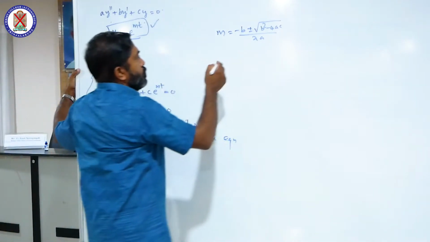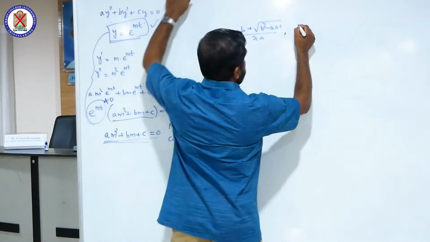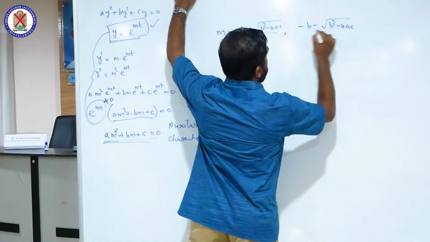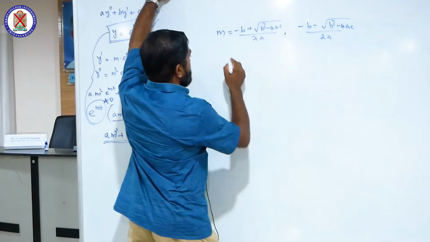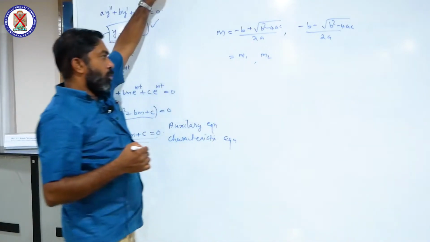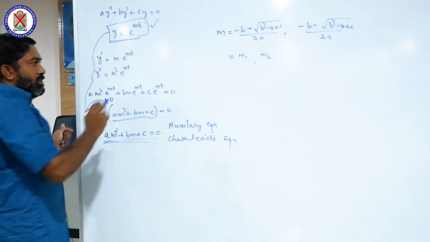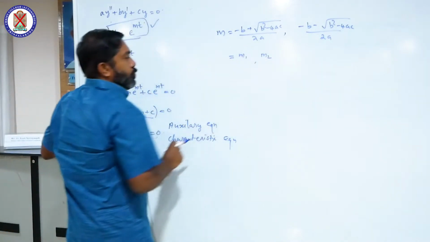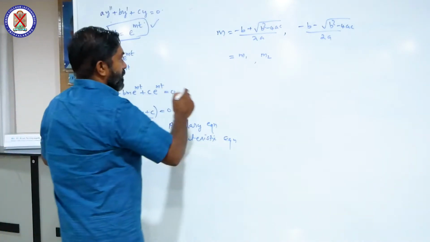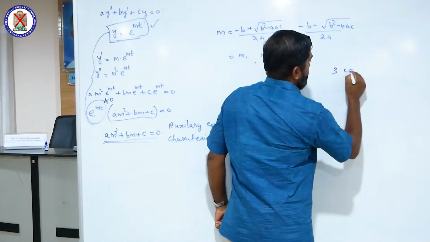I say these two solutions, this plus or minus, just minus b plus root of b square minus 4ac by 2a, and minus b minus root of b square minus 4ac by 2a. These two are the solutions. I say this one is m1 and the next one is m2. Okay, here from this step we are going to consider three cases.